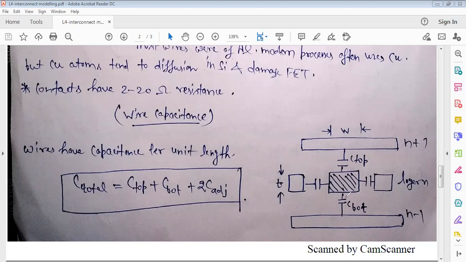Let's say the layer above these wires is this, and the layer below is this. So what are the capacitances that will be there? There will be two adjacent capacitances between the wires. These are the adjacent capacitances, C adj, and this will again be C adj.